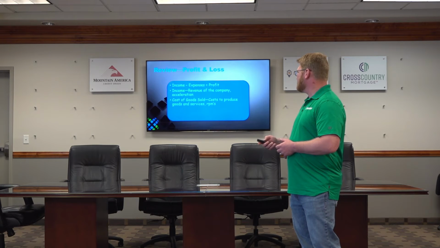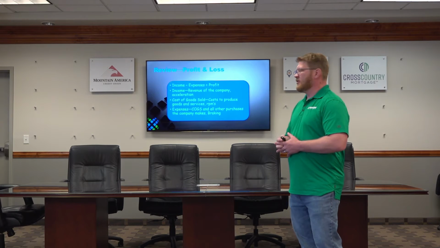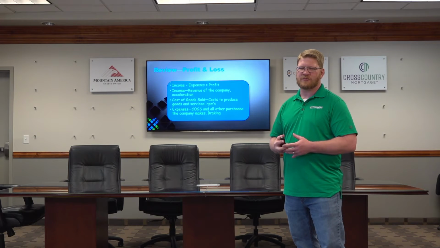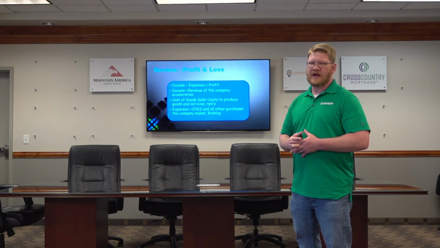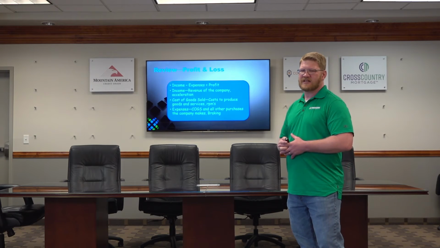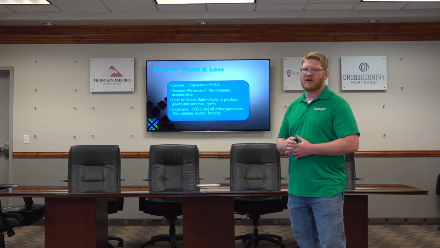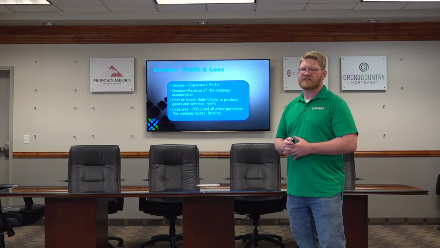Profit and loss. The equation for profit and loss is income minus expenses equals profit. Income is revenue, it's the sales of the company. We compared that to accelerating, the gas pedal on a car. We have expenses, which is everything that you pay out, and we compared that with the brake on a car, the braking system.